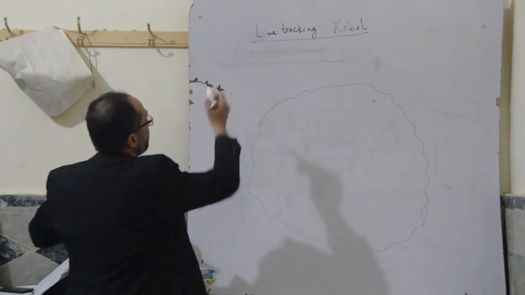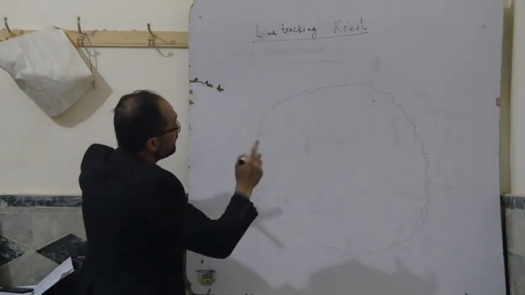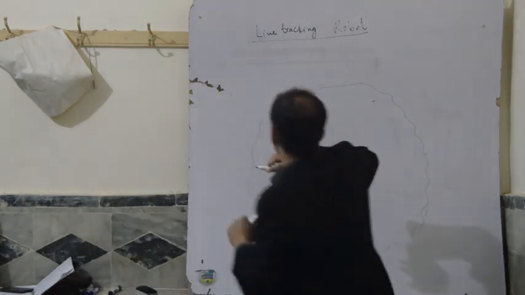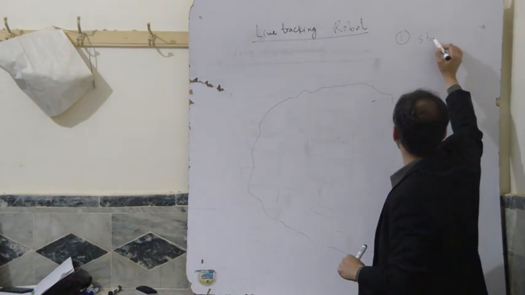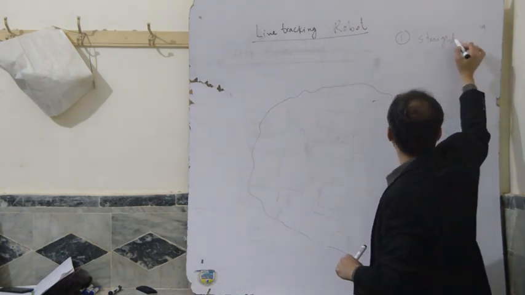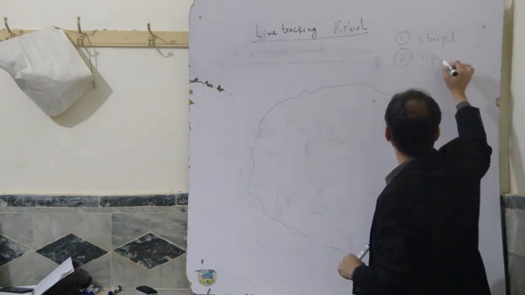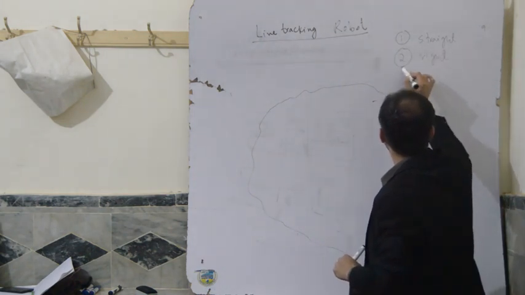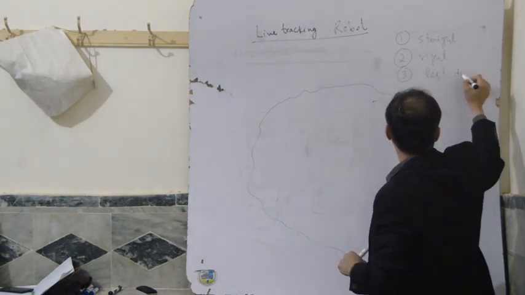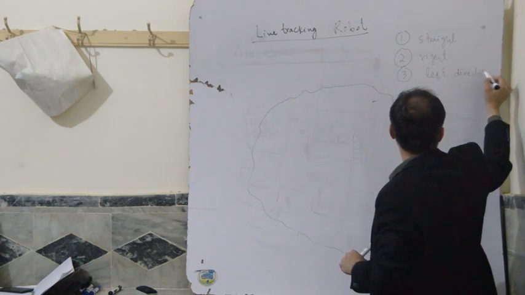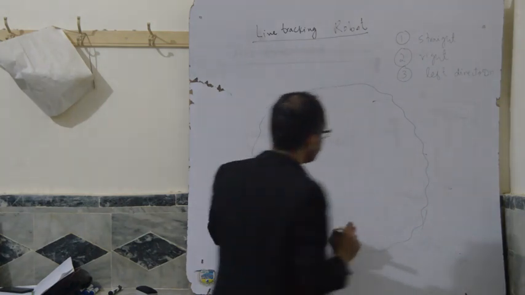Let's assume that we have a robot, and there are three different operating modes of the robot. It can go straight, or it can go in the right direction, or it can go in the left direction.